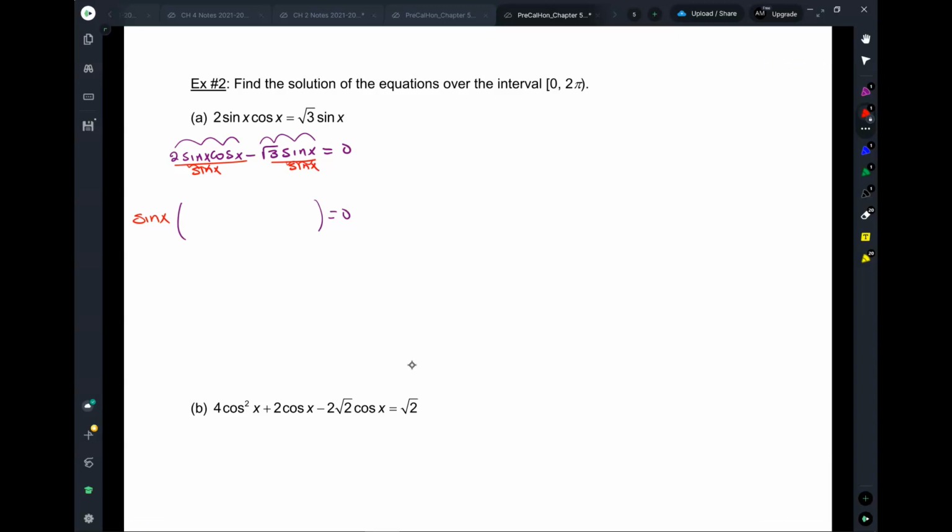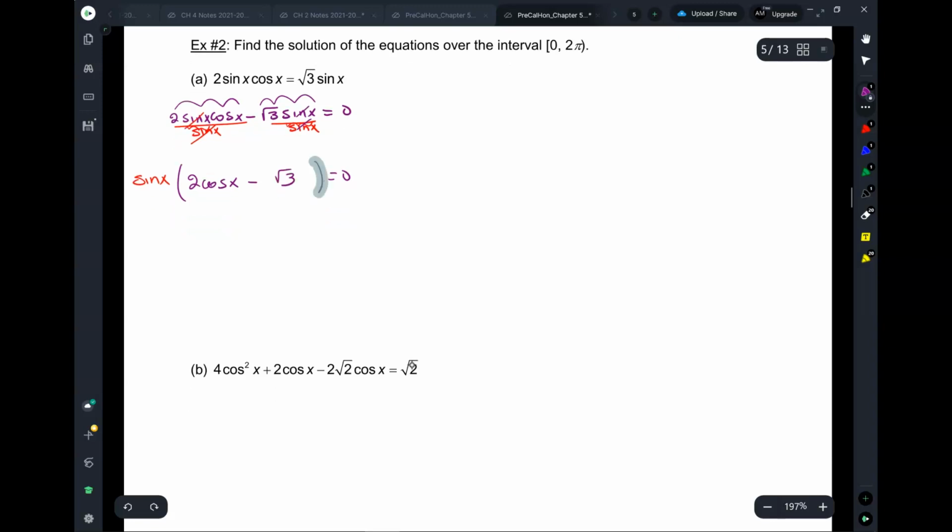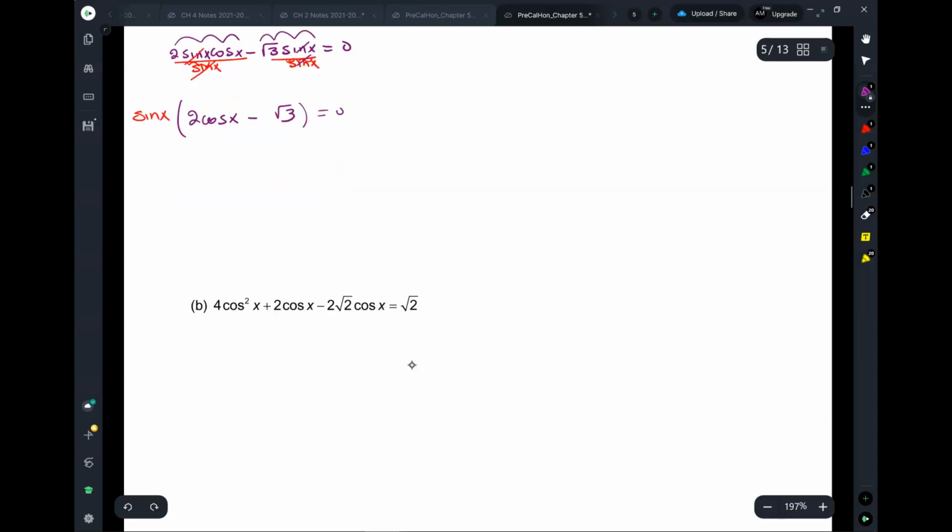Now for the first term, what do you have? 2 cosine x minus, what do you have here? Root 3. And so now what you have is one thing multiplied by another thing equal to 0. So I can split it, and I can say sine x is equal to 0, and 2 cosine x minus root 3 equal to 0.